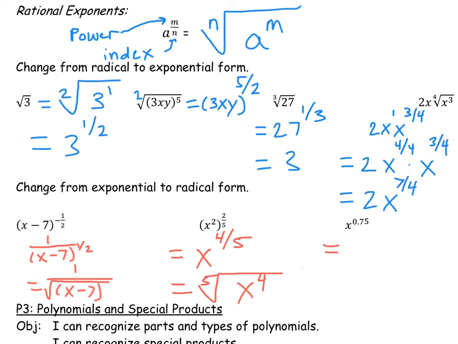Now, what about a decimal, right? The little rule we have at the top for switching from an exponent to a radical doesn't work very well for decimals, and if that's what you're thinking, you'd be dead on the money. It doesn't. You'd want to switch to a fraction somehow, some way. Now, this one's not a terrible one, right? 3/4, but do keep in mind it's over 1, right?